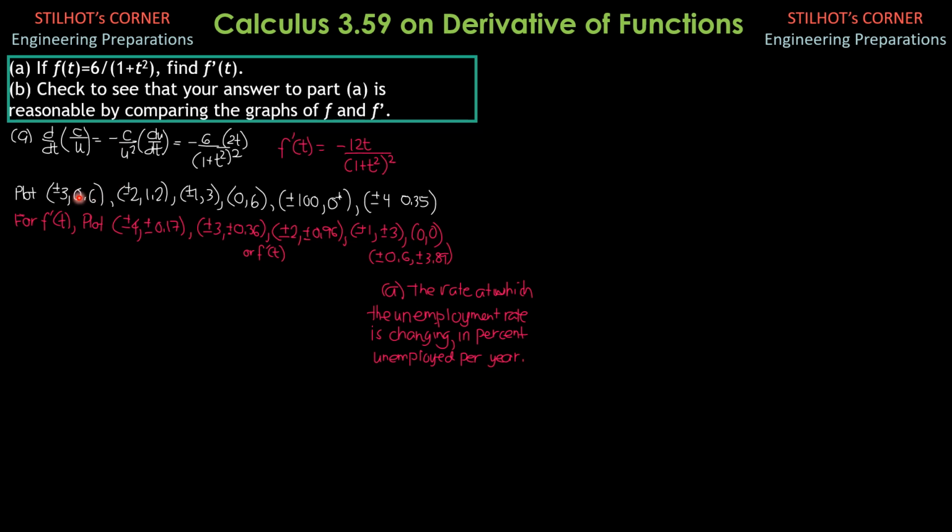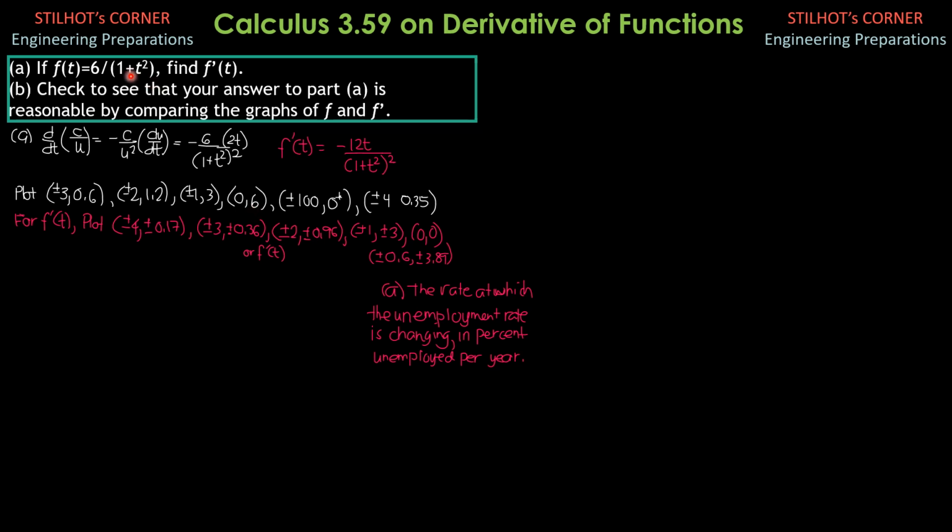Then when t is plus minus 3, 6 over 10 is 0.6, so that's why you have 0.6 here. When t is plus minus 2, this is 5, so 6 over 5 is 1.2. When t is plus minus 1, this is 2, so 6 over 2 is 3. When t is 0, this is 1, so 6 over 1 is 6.